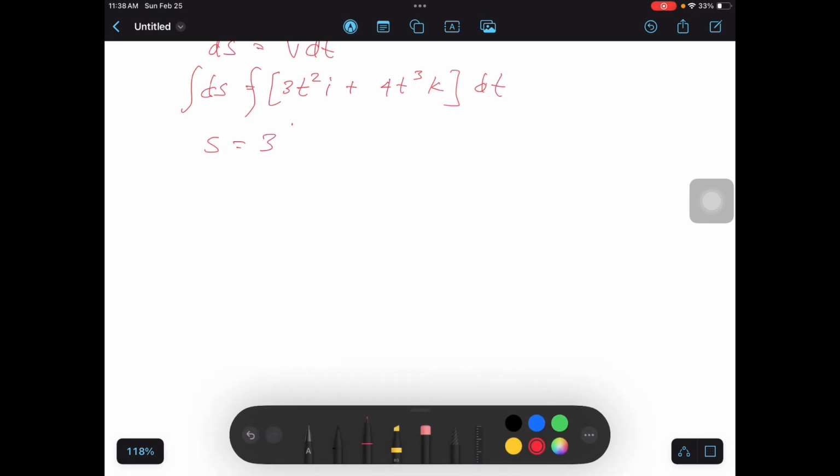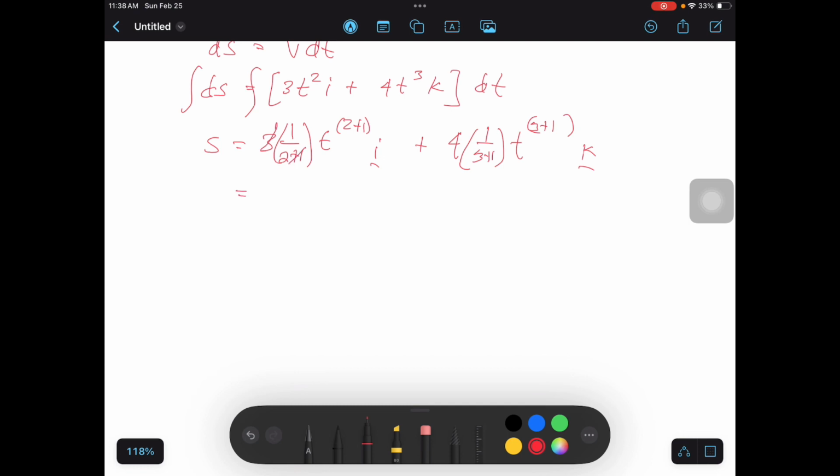It's 3, 1 over 2 plus 1. Then 3 is the t. Step by step natin. 1i plus 4, 1 over 3 plus 1. And then t, 3 plus 1, k. Don't forget ito. Position na yan.